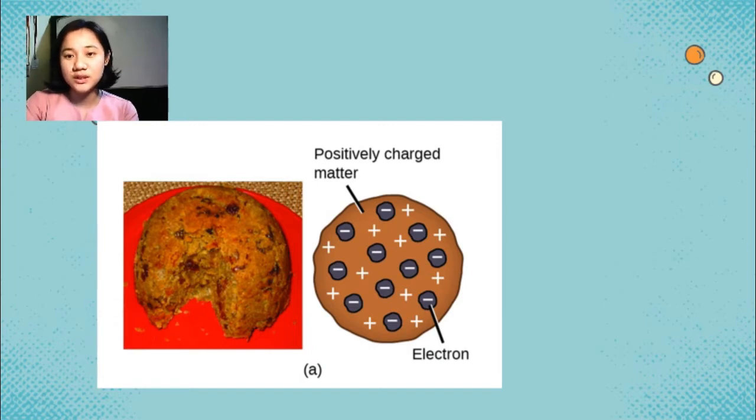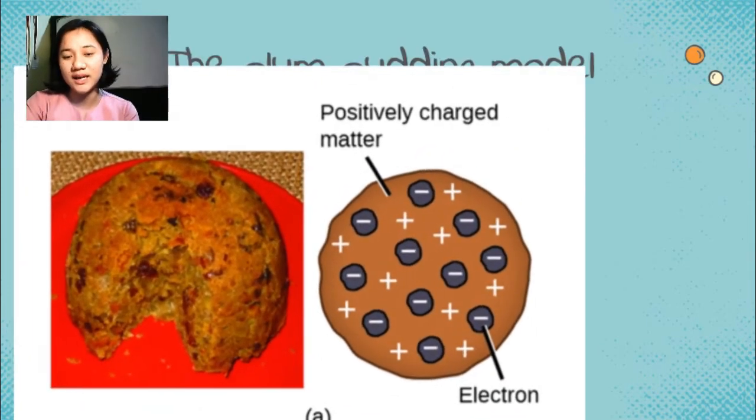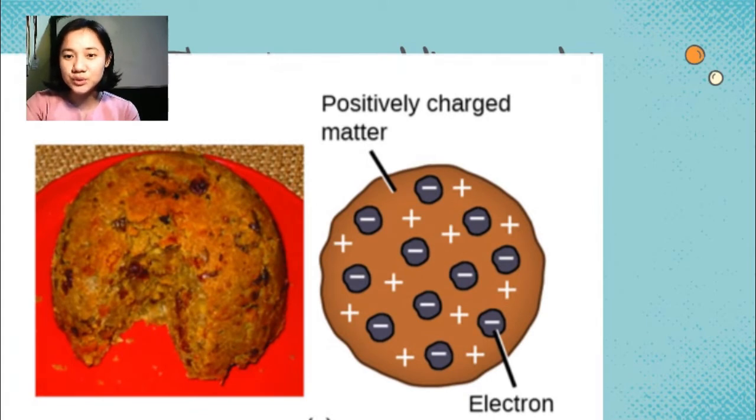Okay? So it is called the plum pudding model, ayan, due to the fact that this model, okay, the description of this model, as you can see, it is very similar to the plum pudding, which is a popular dessert in England. So, para siyang cookies, no? Ito, parang cookies. So, again, yung kanyang description, yung negatively charged particles are floating in a soup of a positively charged particles.